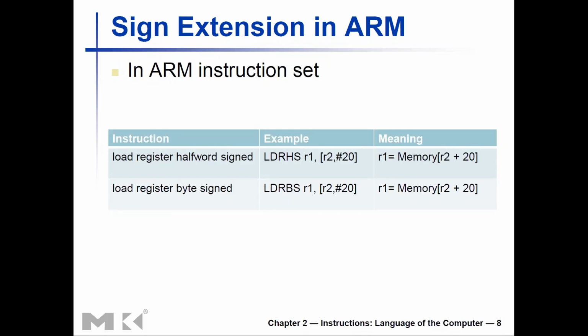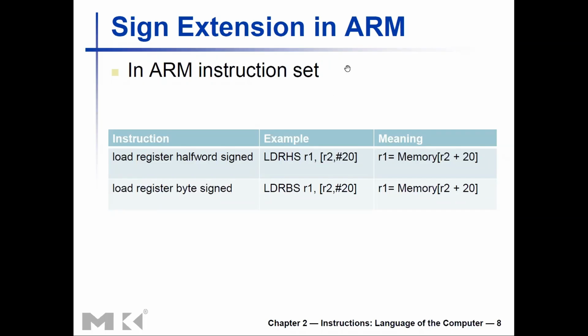So you need to extend the sign because you are representing a number that is in a smaller number of bits with a higher number of bits. For that, you can use this LDRHS.